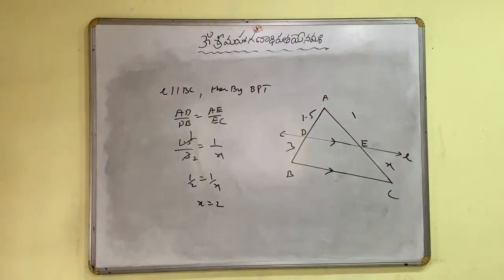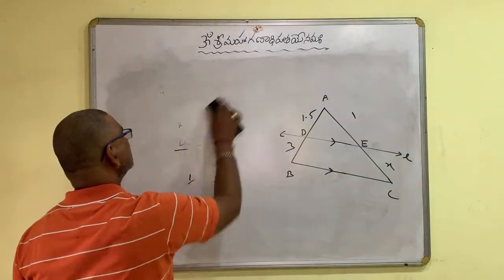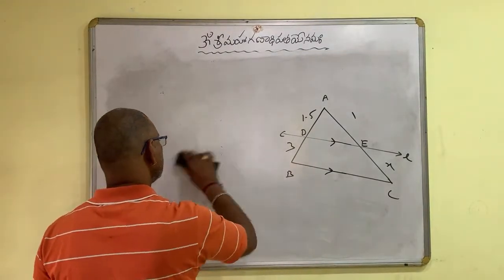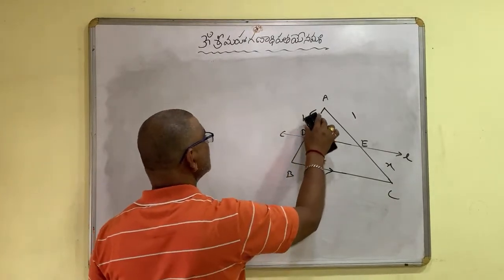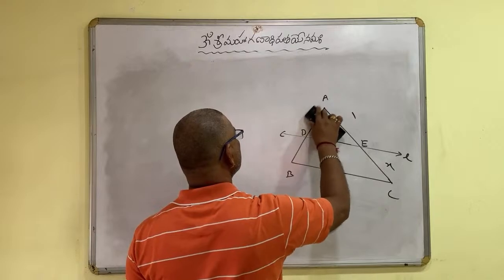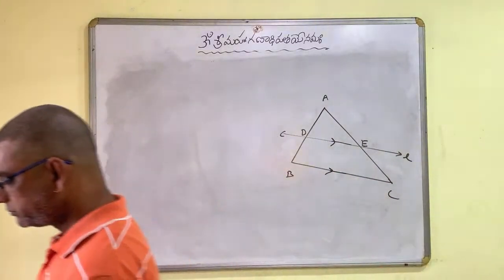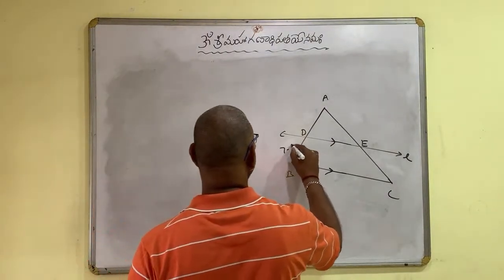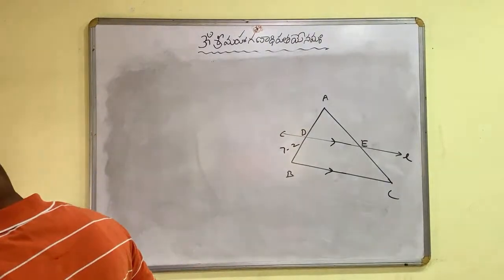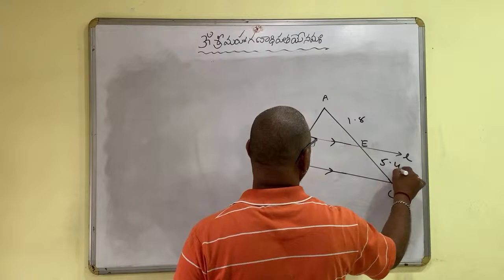Now the second problem. This is 7.2, 1.8, 5.4.